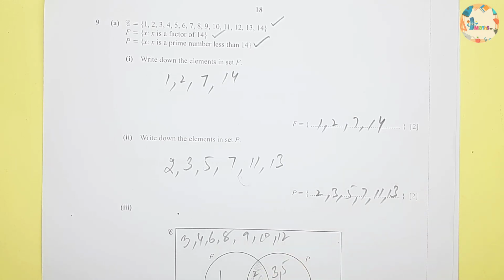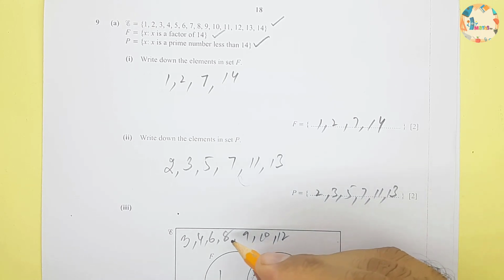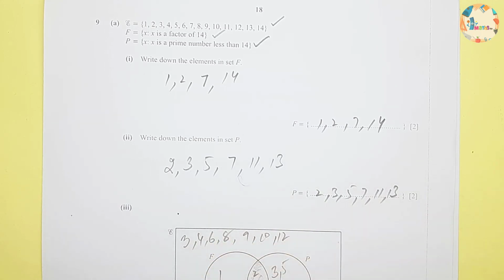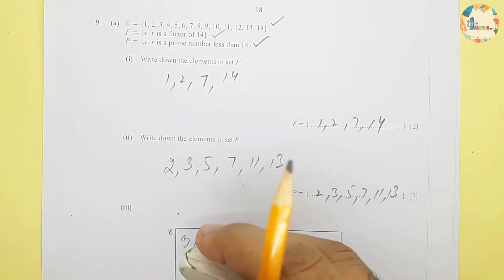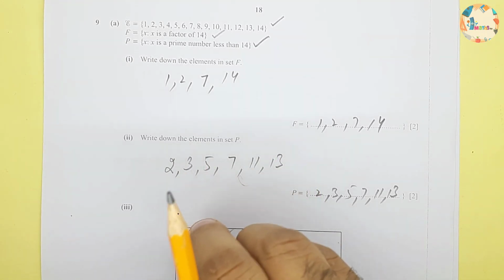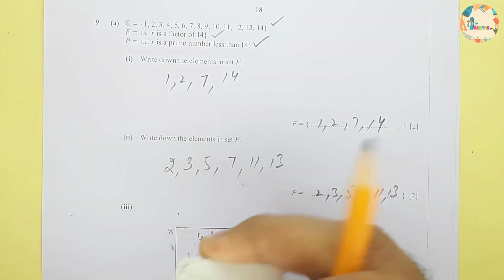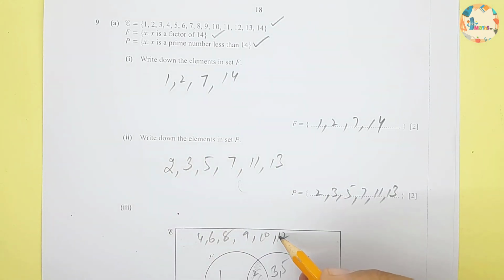So these are the numbers outside. 3 is taken, so I will erase 3 to avoid duplication. So 1, 2, 3, 4, 5, 6 numbers are outside F and P.